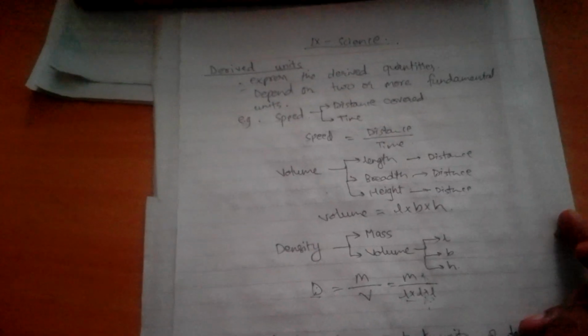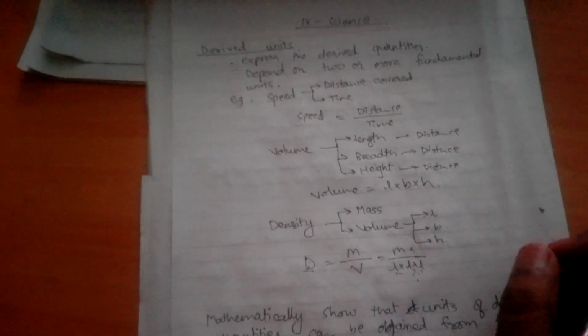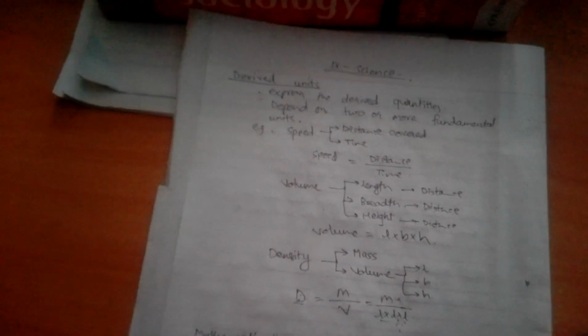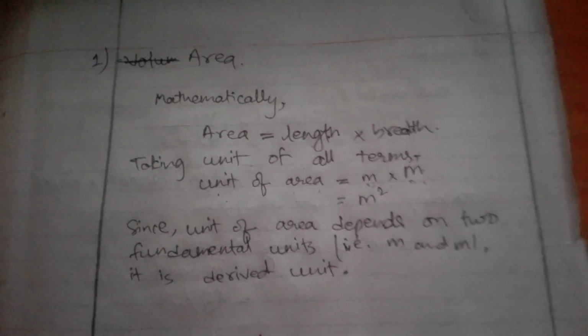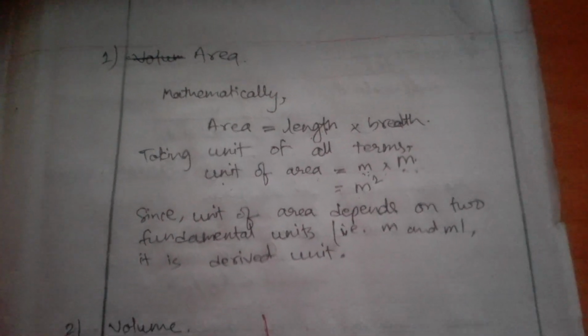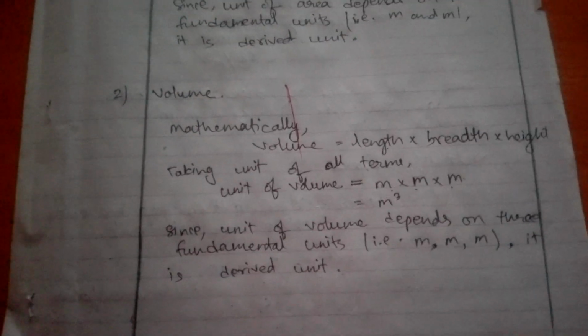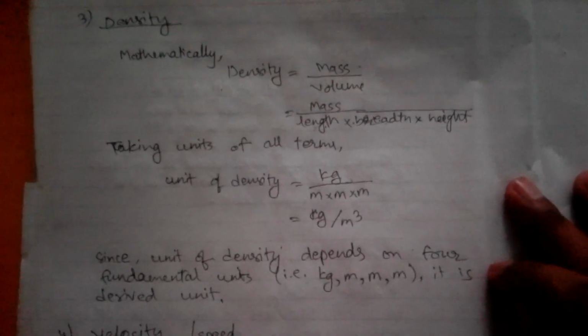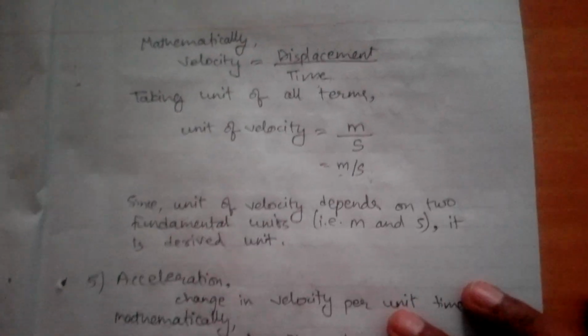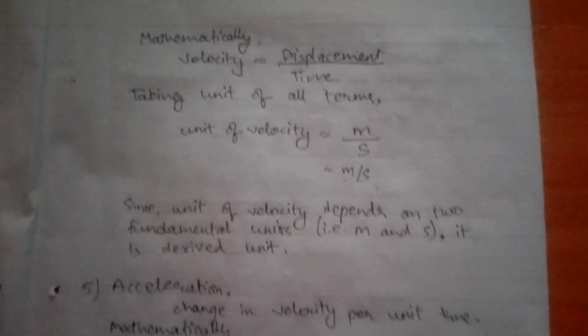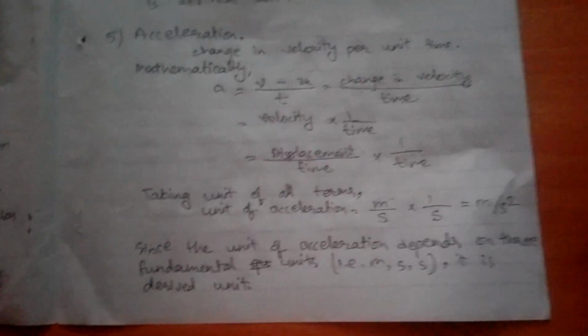And what I want you to do today as your homework is, take screenshots of all five derivations that we have done today. Number 1 area, number 2 volume, number 3 density, number 4 velocity or speed, and number 5 acceleration.